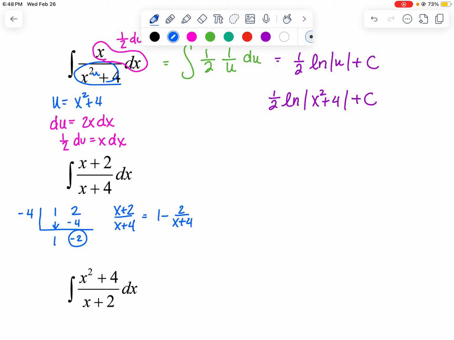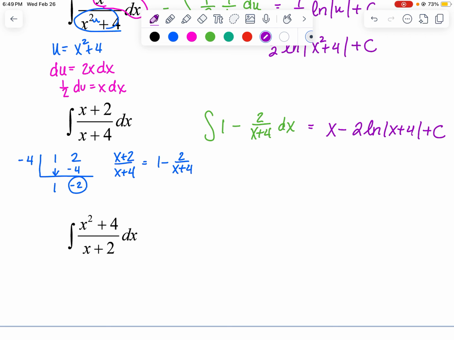That rewrite is what allows us to take that integral. So now we're talking about the integral of 1 minus 2 over x plus 4 dx, and we can go ahead and take the integral of that, which is going to be x minus 2 natural log absolute value x plus 4 plus c.